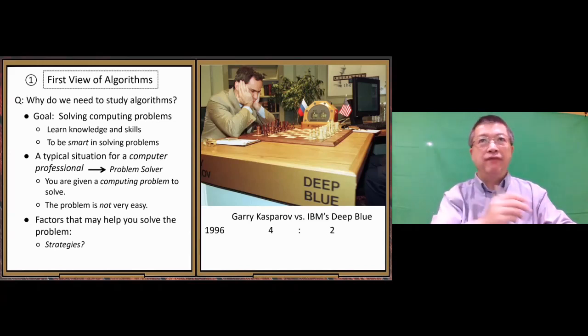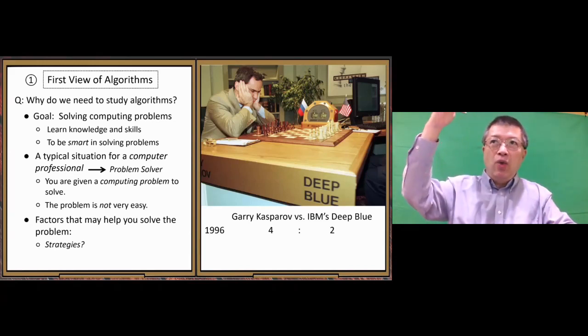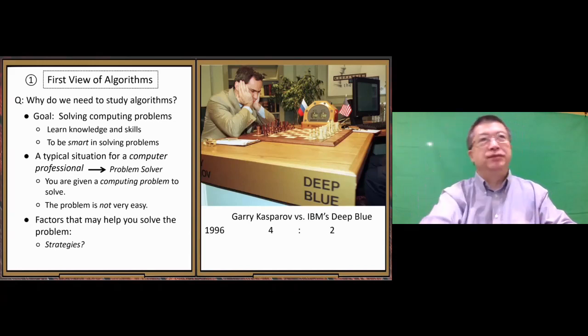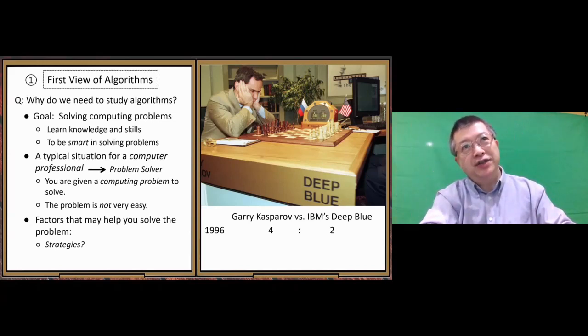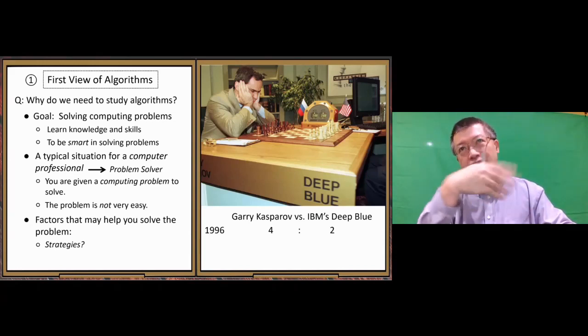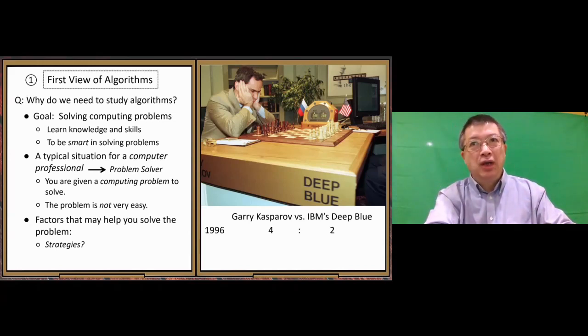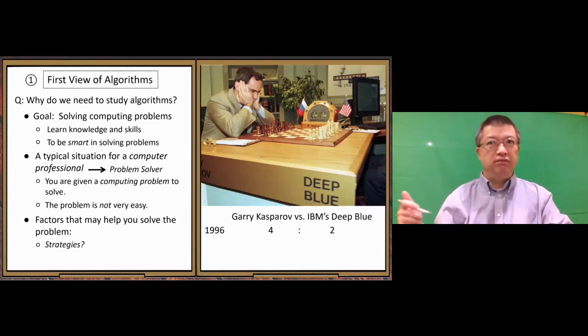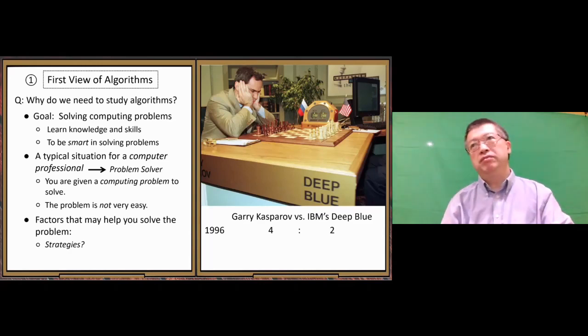Those 2 points came from 1 loss, 2 ties. But still, he won the whole match. But it was a big surprise, because AI beat the human champion that year.